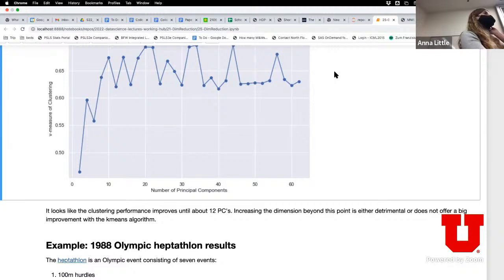So if you have features that are really inappropriate or just not informative for your labels, it might not work very well. But hopefully the labels have something to do with the features.